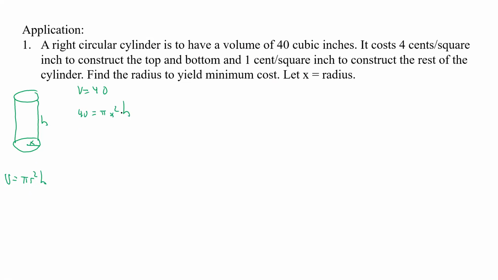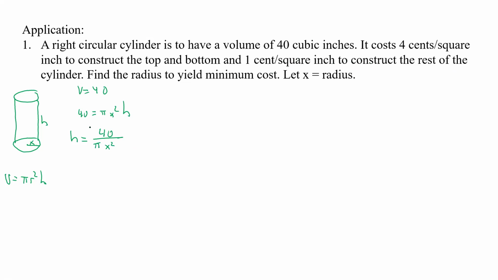I'm going to guess that we're going to have to solve this for h because we're going to be doing some kind of a surface area here to get the wrap around it and stuff like that, because it's going to be 1 cent per square inch to construct the rest of the cylinder. So I'll solve that for h and say, well, that's going to be 40 over pi x squared. Okay.